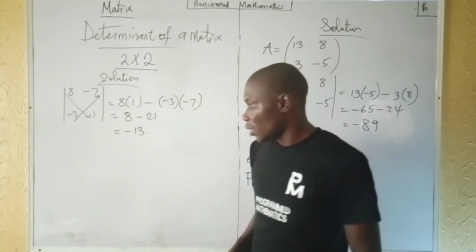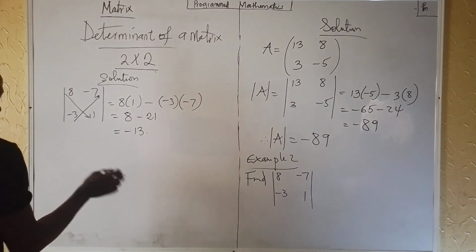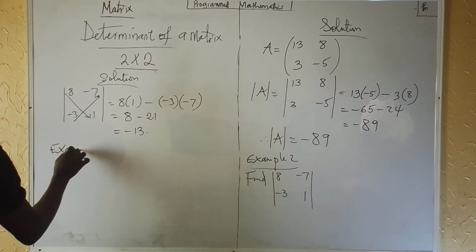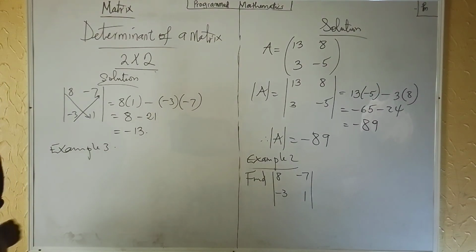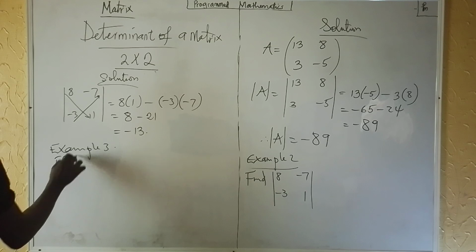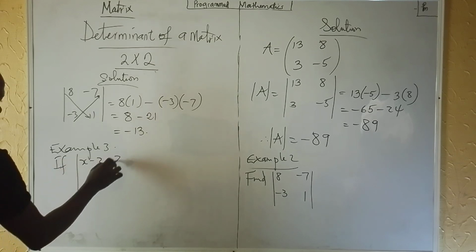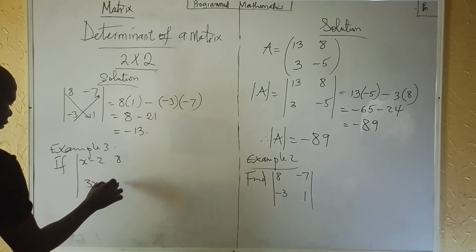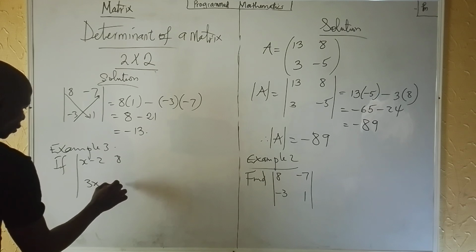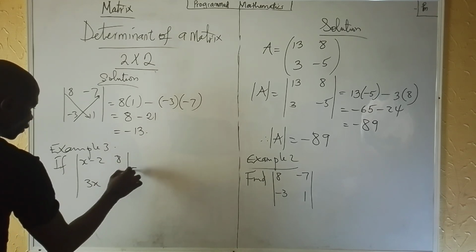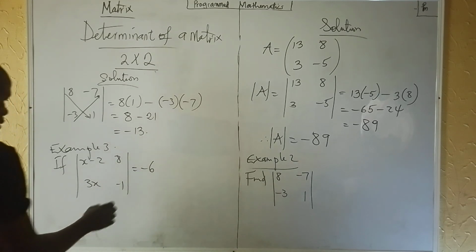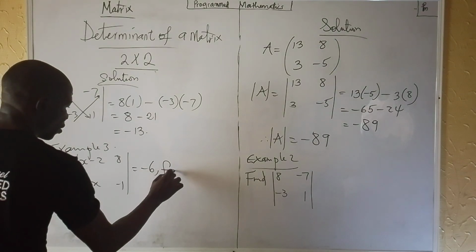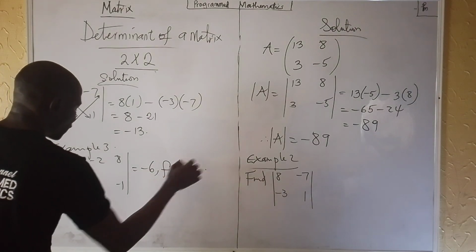Nothing difficult there. Now, let's take this as an example. Example 3: we have that if this, x minus 2, 8, 3x and 1 minus 1, is equal to minus 6, find x.